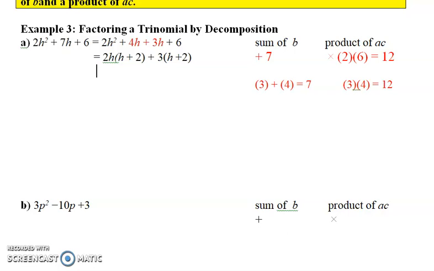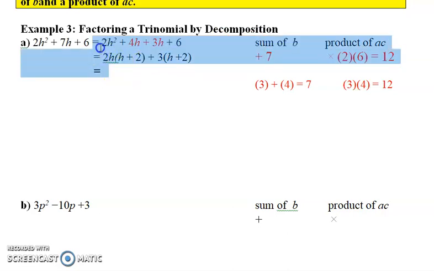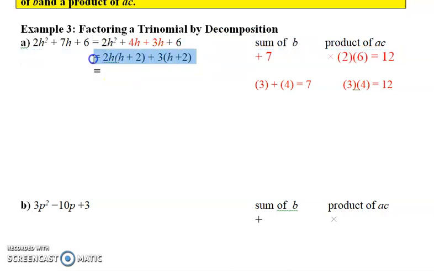So that's going to give us the two terms that were factored out, the 2h and the 3, they come together to become one of the binomials.